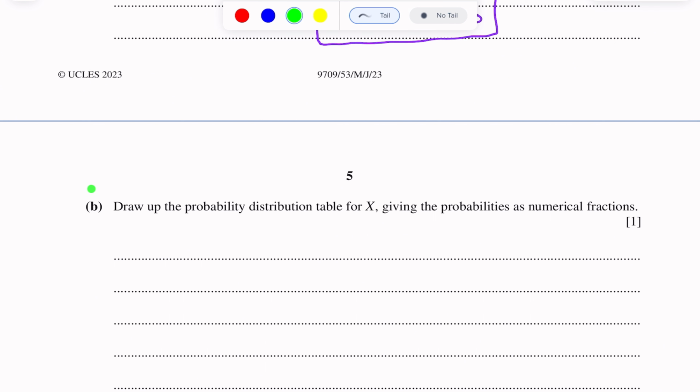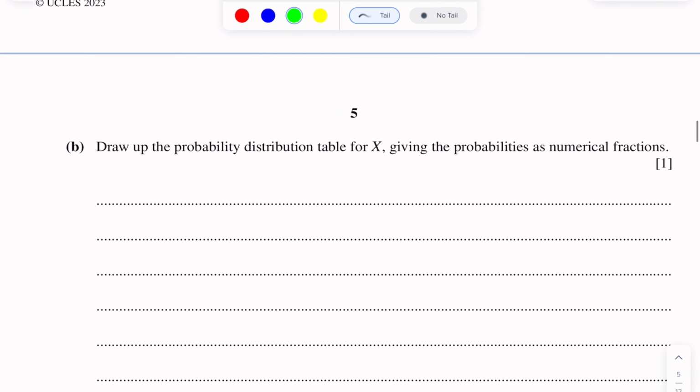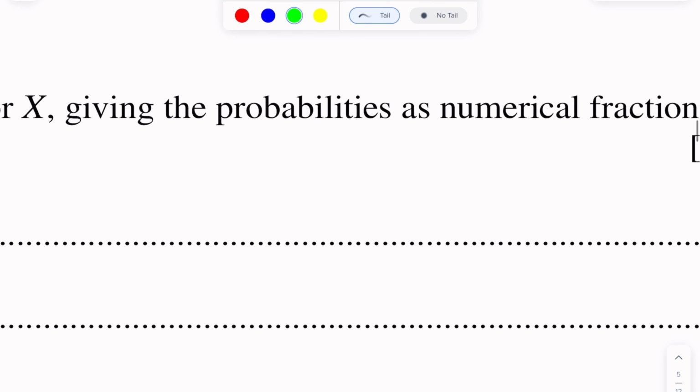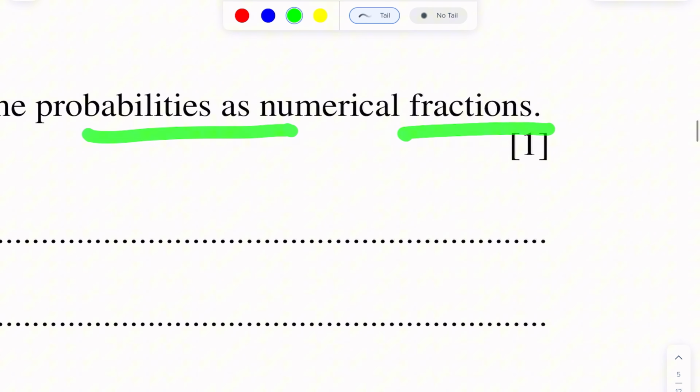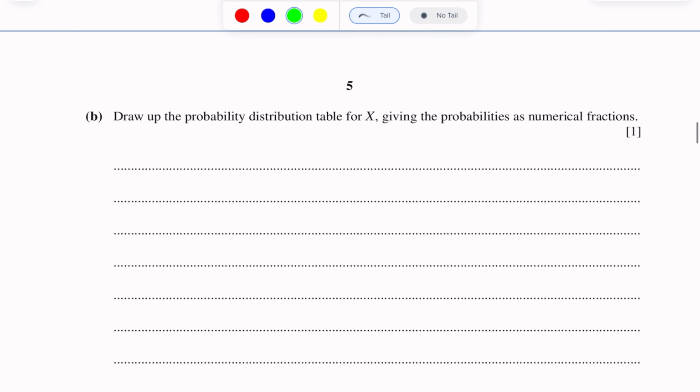Now the next part, part B, is to draw up the probability distribution table for x, which we have drawn already, but in this part we will put the value of k. Again we are constructing the table. Draw up a probability distribution table for x, giving the probabilities as numerical fractions. We will write the values of probabilities in fractions.